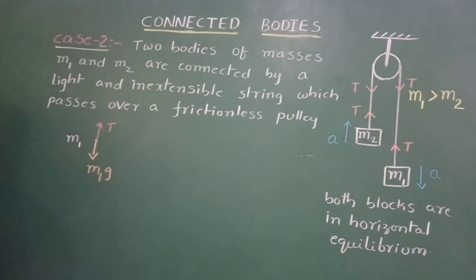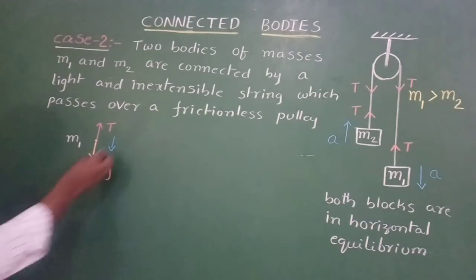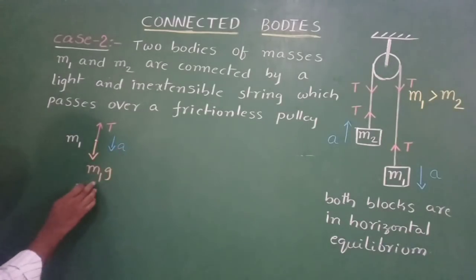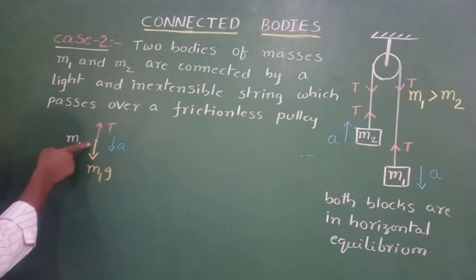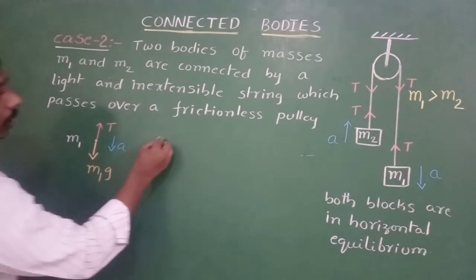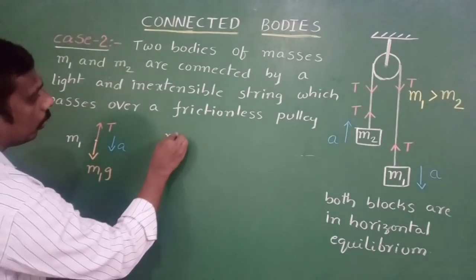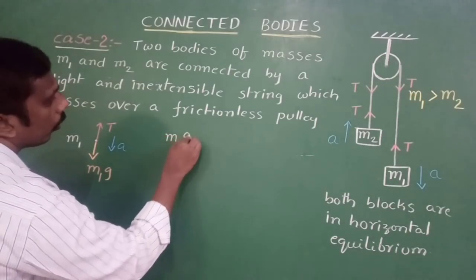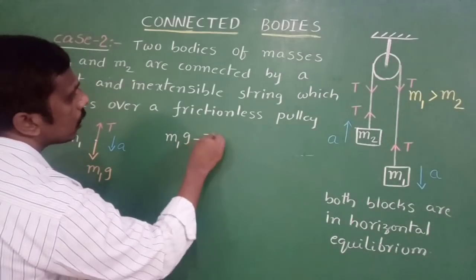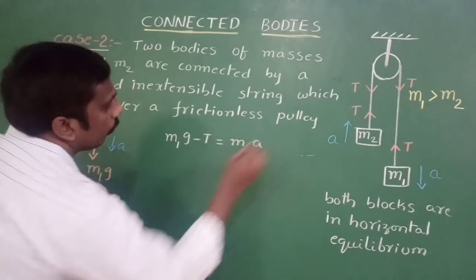But this block is moving downward with an acceleration a. Moving downward means the downward force is greater than the upward force. That's why I am writing the equation m1g minus T is equal to m1 into a.